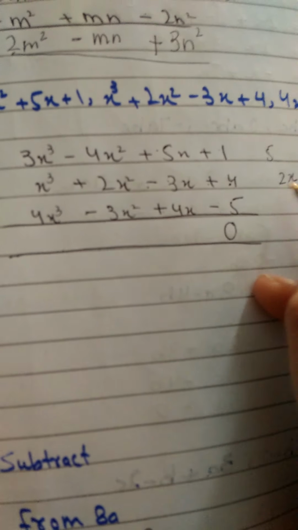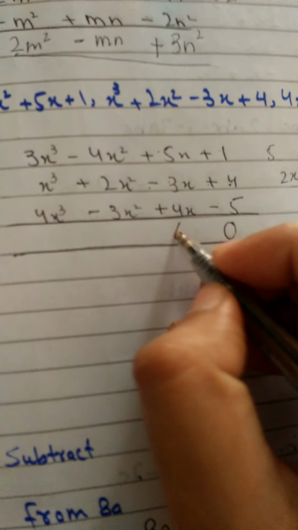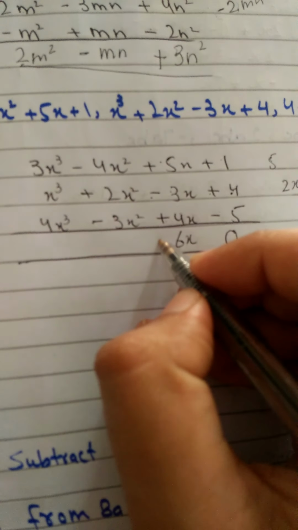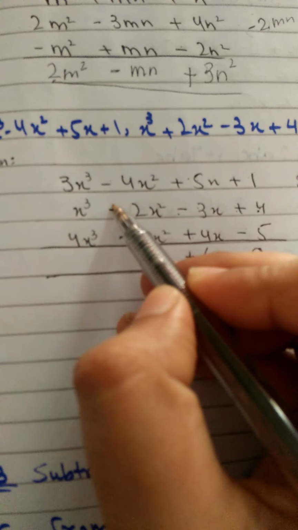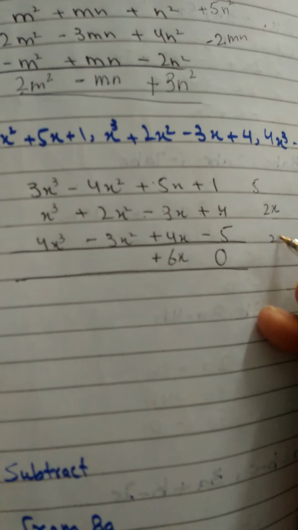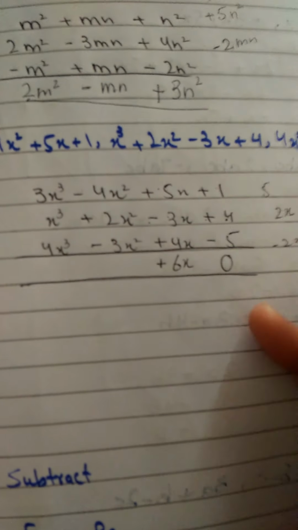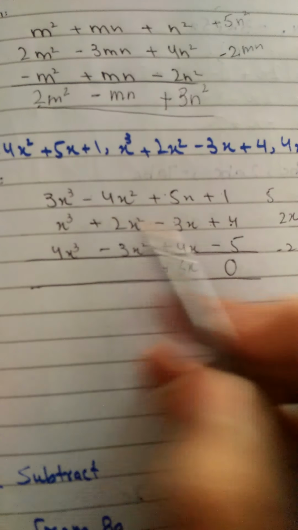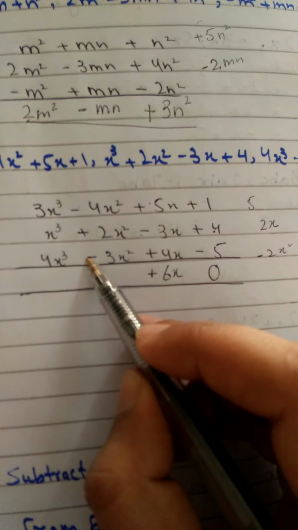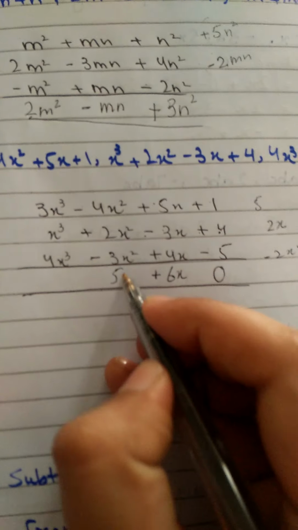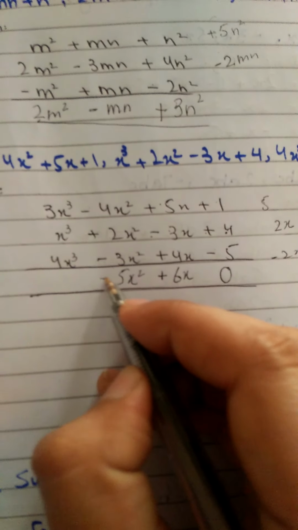Plus plus plus 4 plus 2 is 6x. Minus plus minus 4 minus 2 is 2x square, and the sign of greater value is 4, having the sign negative, so minus. Minus minus plus 3 plus 2 is 5x, and the sign of greater value, minus, will be assigned.